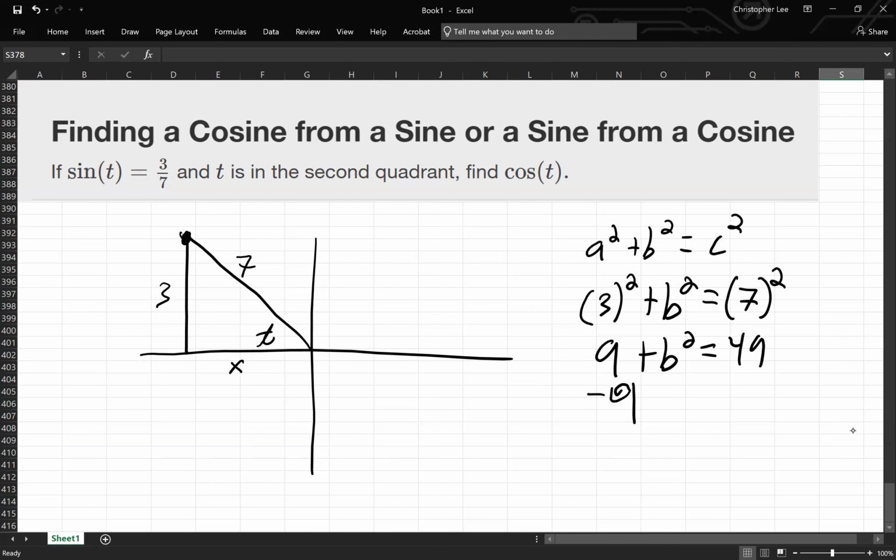Subtract 9. So I have b squared is equal to 40. Then you want to square root both sides. So b is equal to the square root of 40. In our case, that b is actually x.